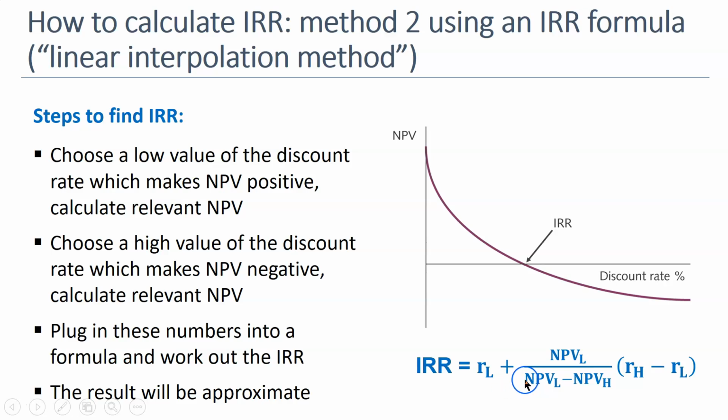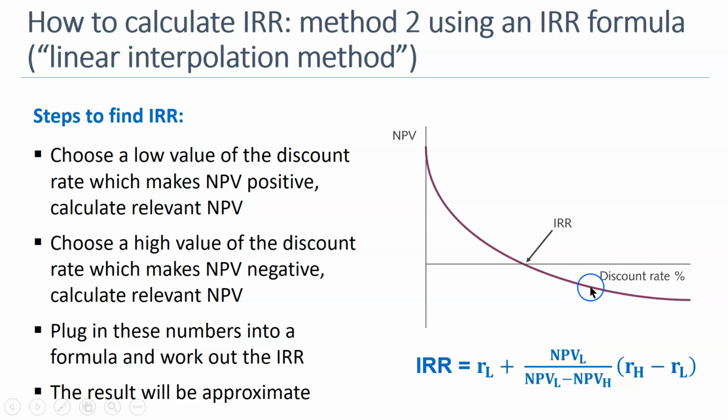This is the actual formula. Again, it might sound complex. I'll explain how you apply it. What are the steps when calculating IRR using this formula? First of all, we need to choose two discount rates. One low rate, which will make net present value positive, and another, high discount rate, which will make it negative.